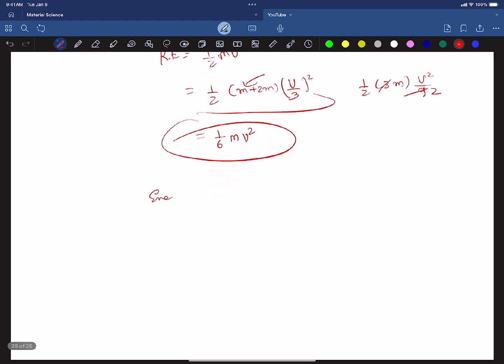Now energy loss is equal to kinetic energy initial minus kinetic energy final. Our initial kinetic energy is half mv square. Our final is 1 by 6 mv square.